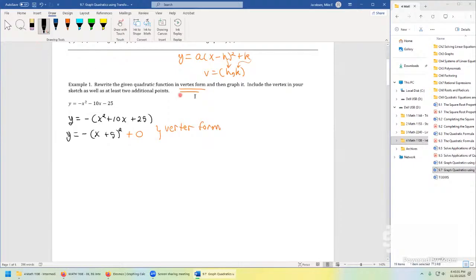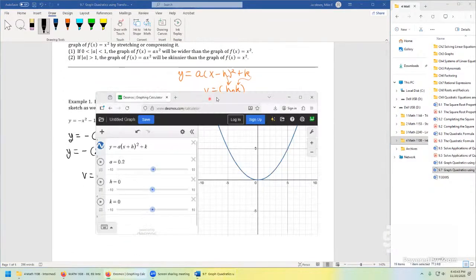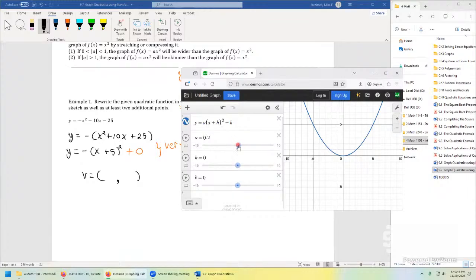So once we have the vertex, we're going to sketch it. We want the vertex, so let's just state what it is. The vertex of this is going to be, well, remember when it's a +5, let's put a back to a 1, and h turns into a 5, that means it's actually going to the left by 5 units.